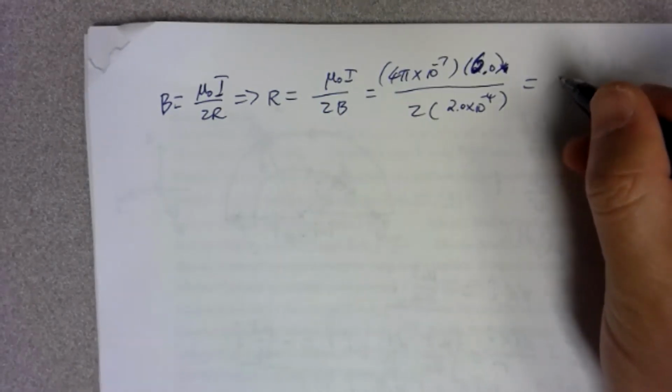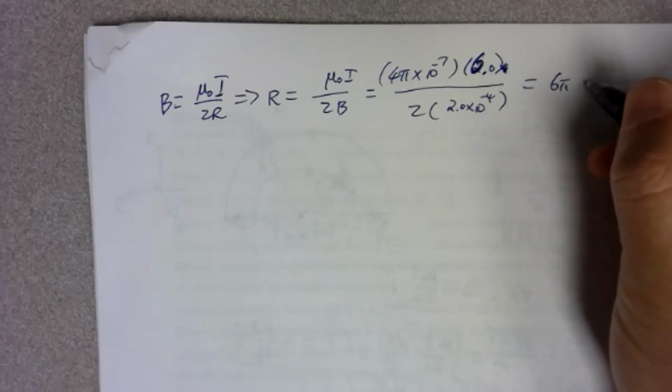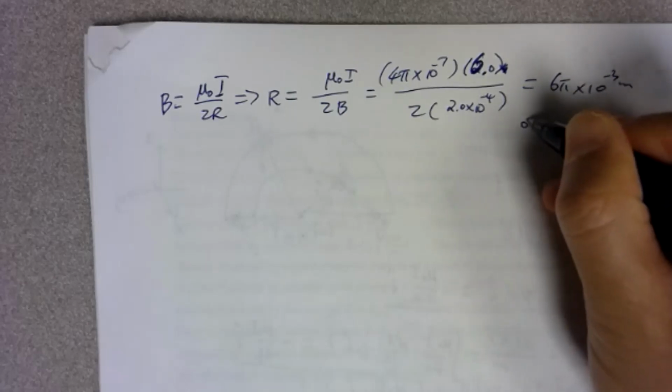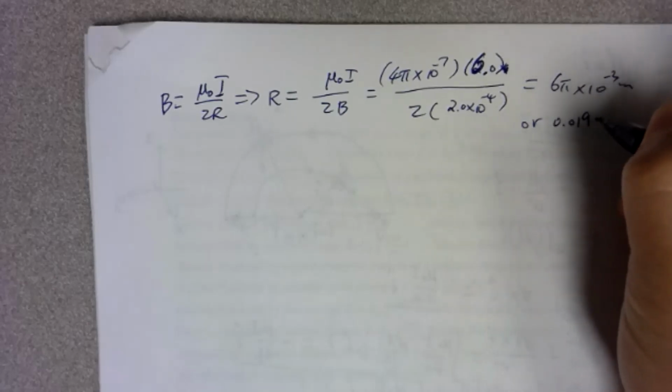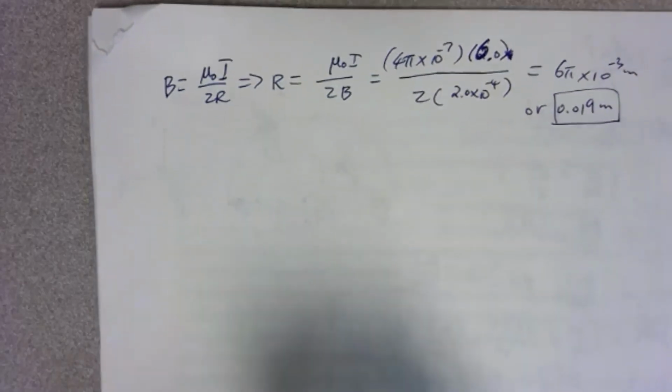So you get 6 pi times 10 to the minus 3 meters, or 0.019 meters.